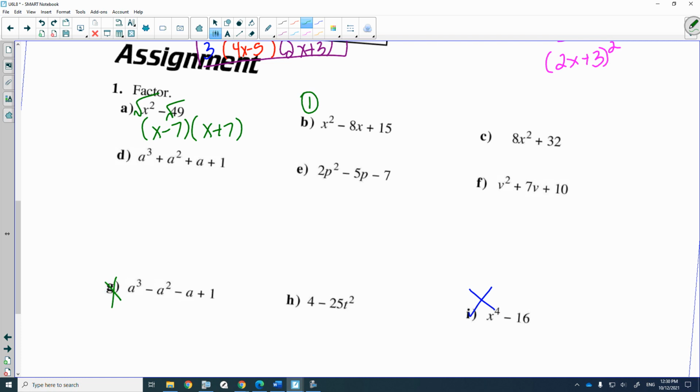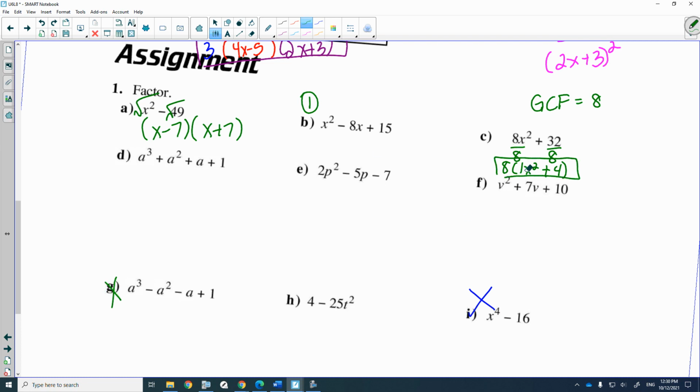What do you guys think about C? Let's do C together. It's just going to be a GCF of 8. If you factor out the 8, you're going to get a 1x squared plus 4. And then some people would think, oh, that's a difference of squares, right?